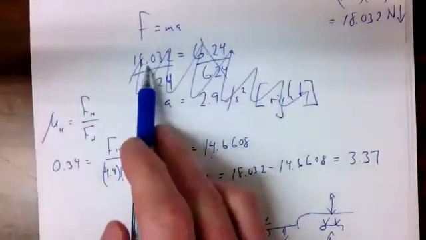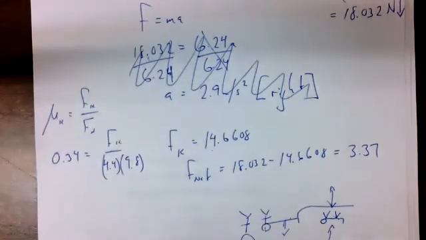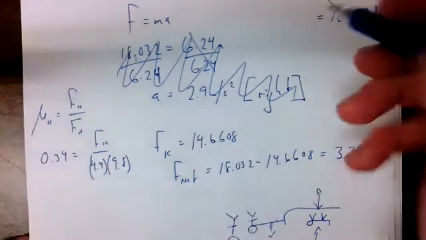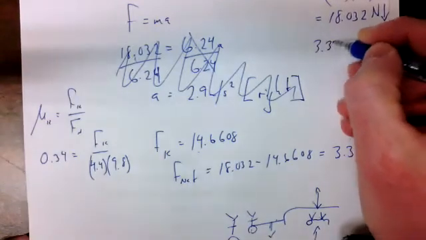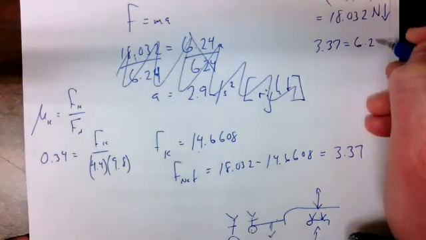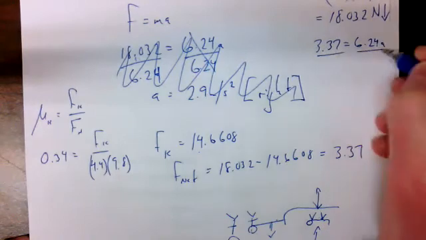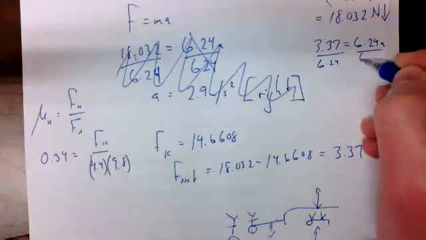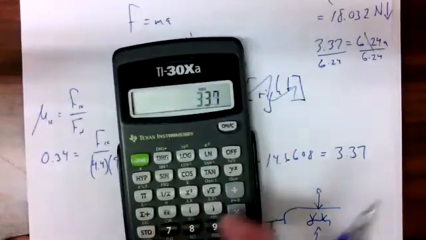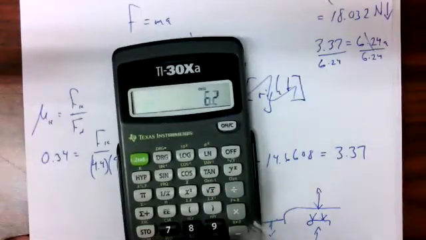So the acceleration is actually around 0.5. Sorry about that. So it's 3.37 equals 6.24 A. 3.37 divided by 6.24.